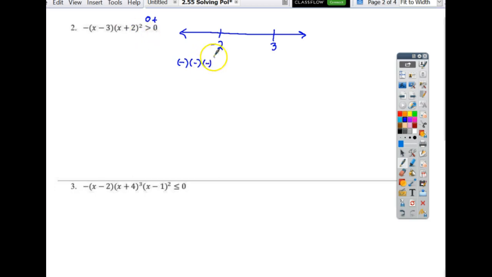But this time it's squared. So what's a negative squared? A positive. So negative times negative gives me positive and positive. So this interval is positive. So this interval gets included.